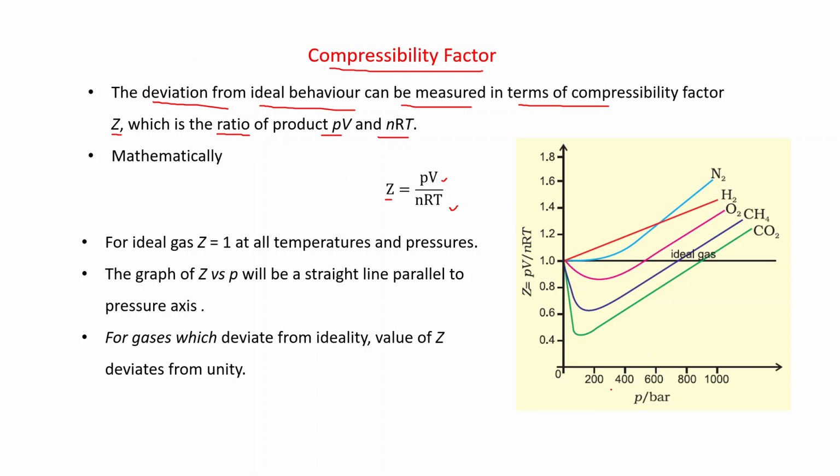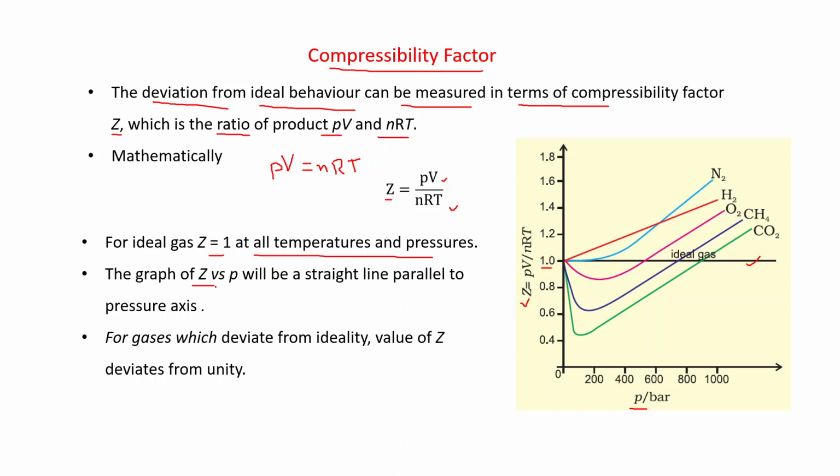Now, if we draw a plot between pressure and Z, that is the compressibility factor, for an ideal gas this is equal to 1. When Z is equal to 1 for an ideal gas, we get the ideal gas equation, PV = nRT. For an ideal gas, Z is equal to 1 at all temperatures and pressures.